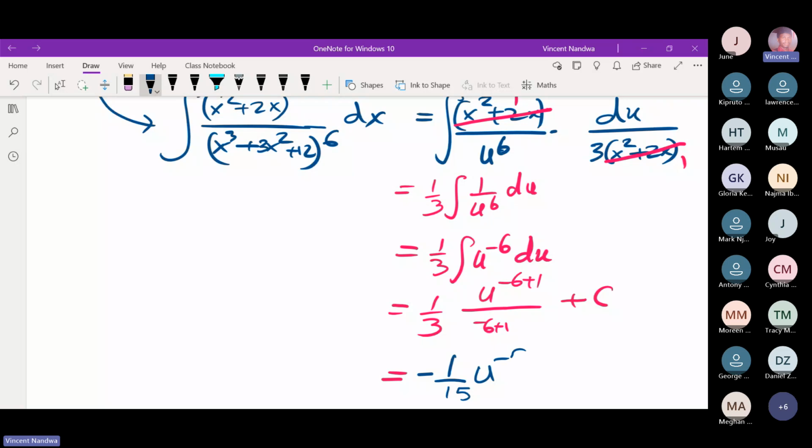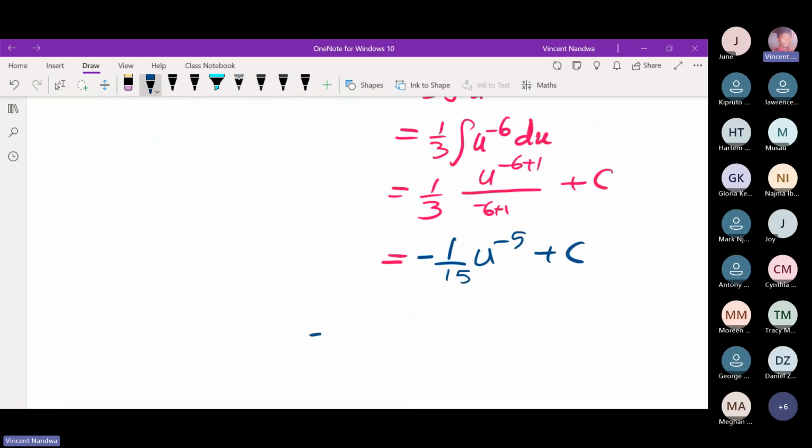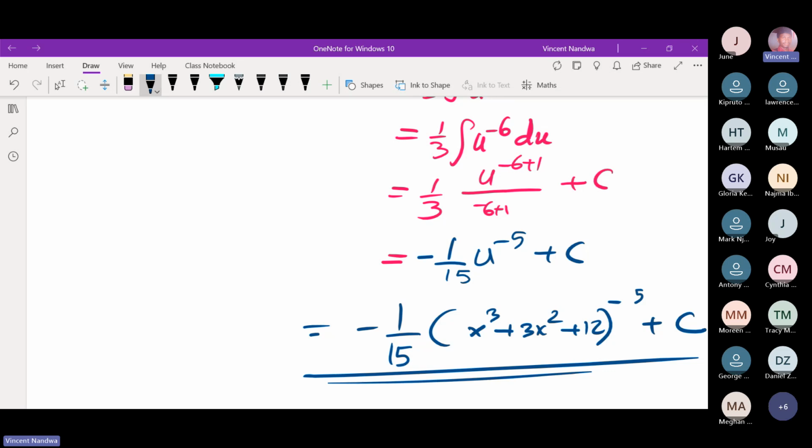Then u to the power minus 5 plus c. So which will give us minus 1 over 15 times x cubed plus 3x squared plus 12, raised to the power minus 5, plus c. Then you get your 1 or 2 marks.